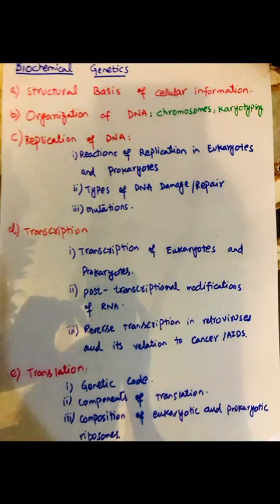To study different chromosomal abnormalities, we will see different types of techniques. The study of chromosomes is known as karyotyping. And in the C part, we will see how DNA is going to be replicated. The DNA is going to be replicated first in the semi-conservative mode of replication.